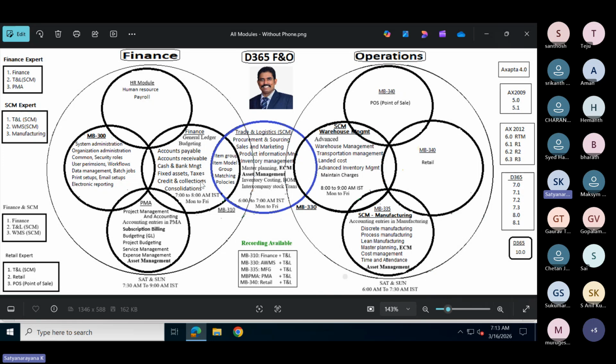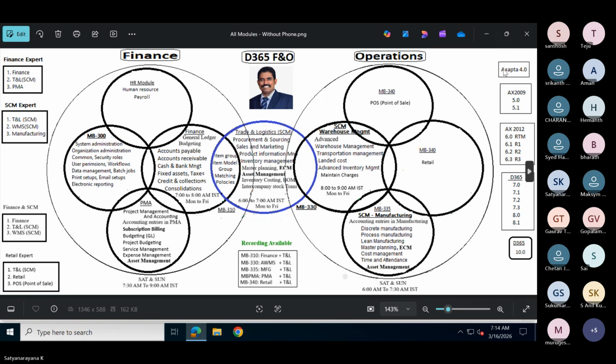Along with this, a few topics related to supply chain management: item group, item model group, matching policies, prepayment invoice function, three-way matching. Those will be finance and supply chain management together sessions. So along with this, 9 sub-modules will be covered.